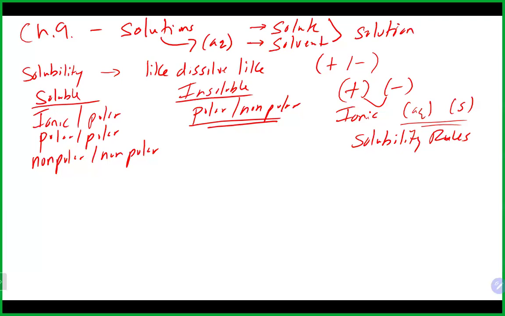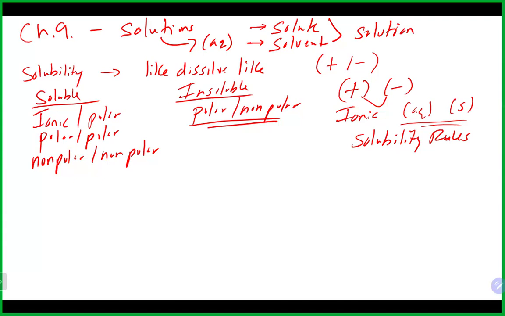But there are three exceptions, like we saw in a couple of our examples: silver, lead, and mercury. So if you have any of those hooked up with something like chloride, for example, it would be insoluble. So those solubility rules, as we talked about, you do need to be able to use them correctly. They probably will be provided for you if you need them, but you just have to use them.